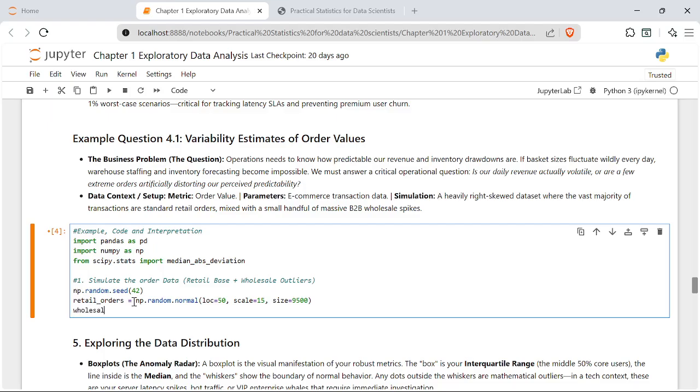Wholesale orders equals np.random.normal, loc equals 5000, scale equals 500, size equals 500.